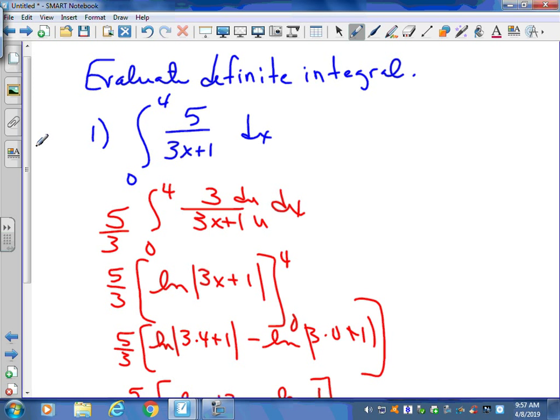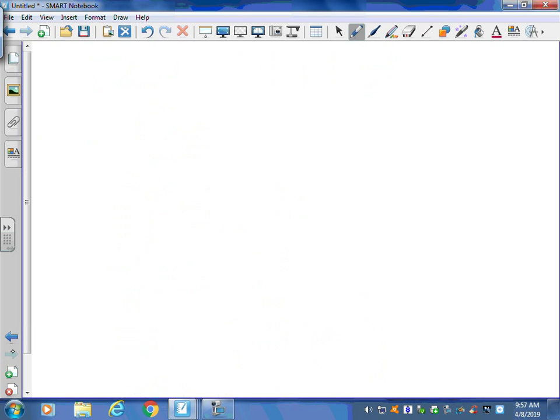If the bottom power is cubed and the top power is squared, that's a difference of 1. This was power of 1, power of 0, so it's a difference of 1. The bottom has to be 1 more than the power on the top. Then it's got a chance of being ln. Otherwise, we have to look for something totally different. So as we go through these questions, we're going to keep trying to look for that kind of thought. Not every problem fits that thought, but quite a few will.